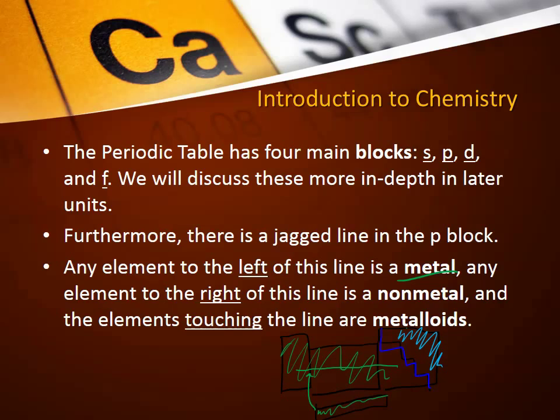Anything right along it that's actually touching it is a metalloid. I will tell you that metalloids are mainly those that I just covered, but for ease of learning, you can treat them all as metalloids. Makes your life a lot easier. So, metals, nonmetals, metalloids.